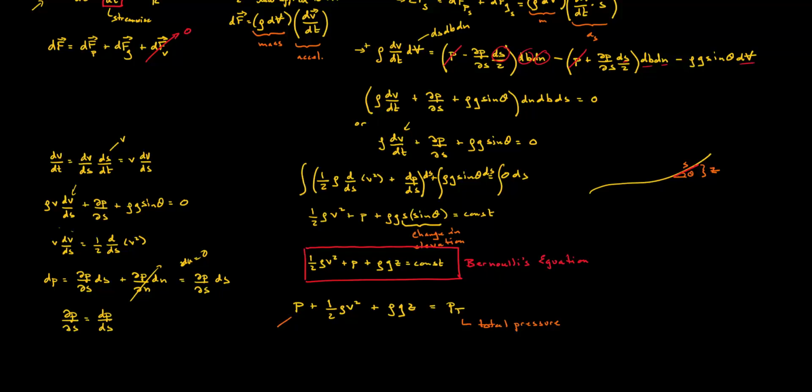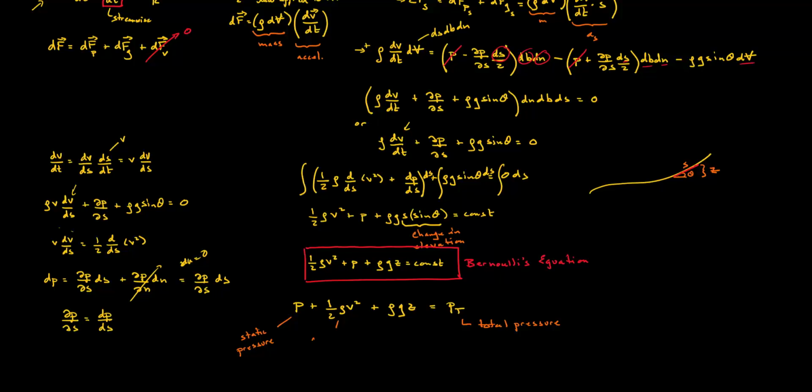This leftmost term here is called the static pressure. This is the pressure we're familiar with, the pressure that we've looked at before. It is the normal force on a fluid particle. This second term has velocity associated with it, but if you work out the dimensions, it still has dimensions of pressure.